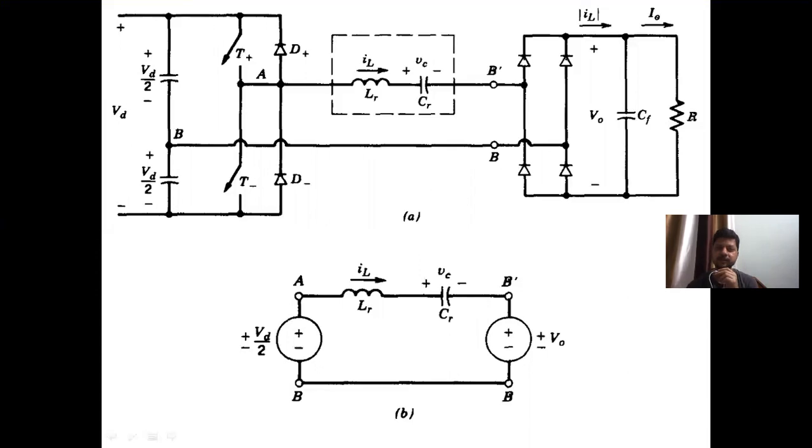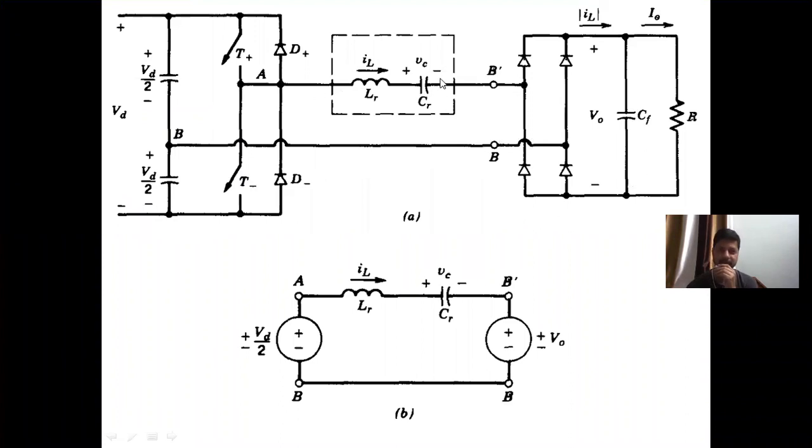If the inductor current is negative and T minus is conducting, it will flow through this path. So VAB will be equal to minus VD by 2, and VAB dash will be equal to minus VD by 2 plus V0.